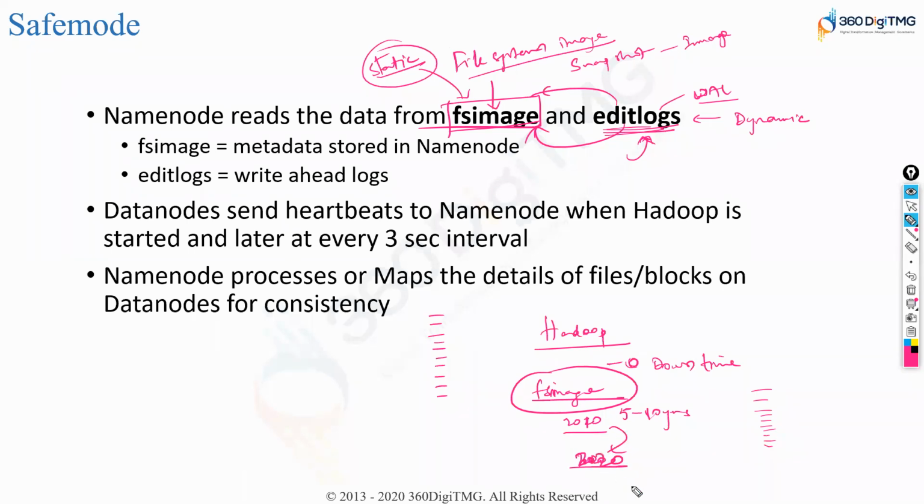So what happens? Your FS image is talking about a very old status, 2010 status. And all these edit logs files, all the transaction details that edit logs is maintaining, is crashed. It's gone. Because of this crash, edit log file is gone.